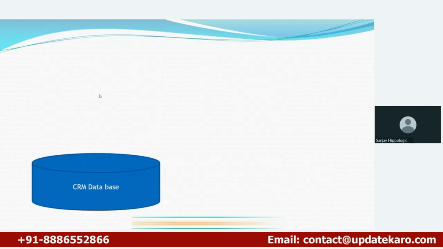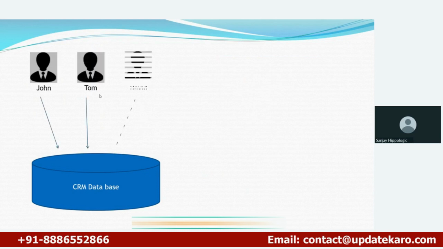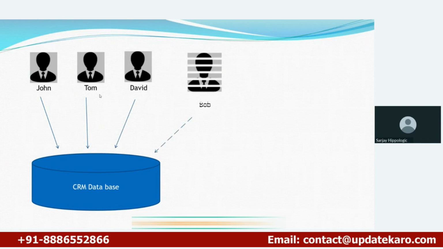Now, how are these problems solved with a CRM? Let's say John stores the information in a CRM database. Tom and David also do the same thing. And Bob, instead of waiting to get a response from the salespeople, can directly log into the CRM database and track all the activities of John, Tom, and David.